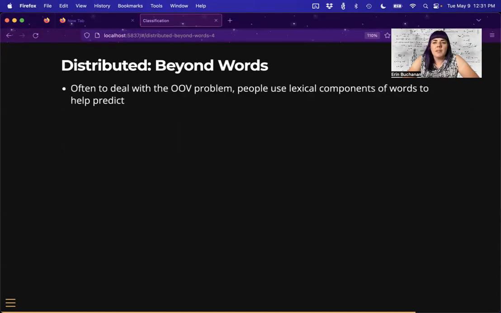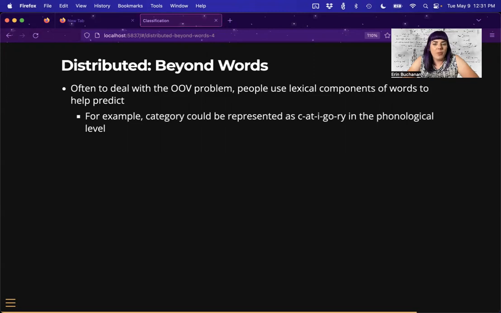Now, in this sort of representation, we can actually deal with the out of vocabulary problem. It's still something that is not naturally handled by the model, but we could build a model that is designed to deal with it. And so what people do is they make contexts out of lexical components. So category could be represented by its phonological level: ka, at, e, go, re.